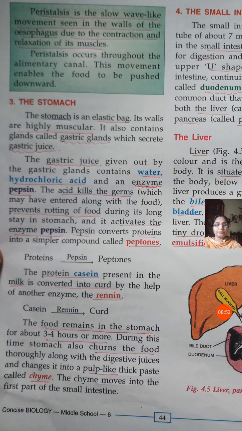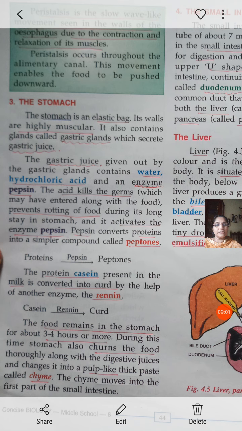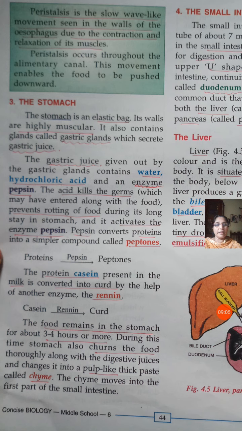Again, the casein, the milk protein, is changed into a curd-like substance by the enzyme known as renin. Then how much time does the food remain in the stomach? 3 to 4 hours or more.